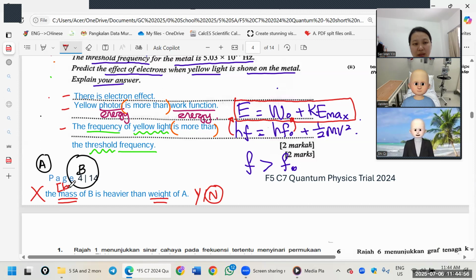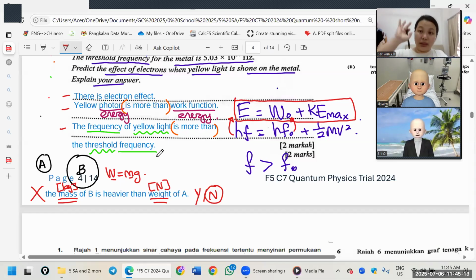Mass is in kg, a base unit. Weight in Newton is a derived quantity. So normally we say what? Weight goes to mg. They are directly proportional, but still they are different things. Do not compare them in the same sentence.